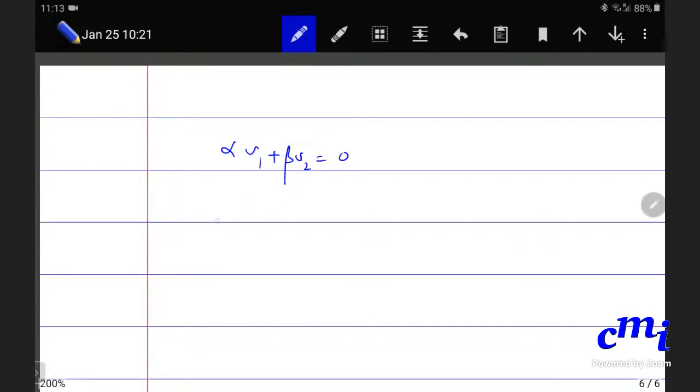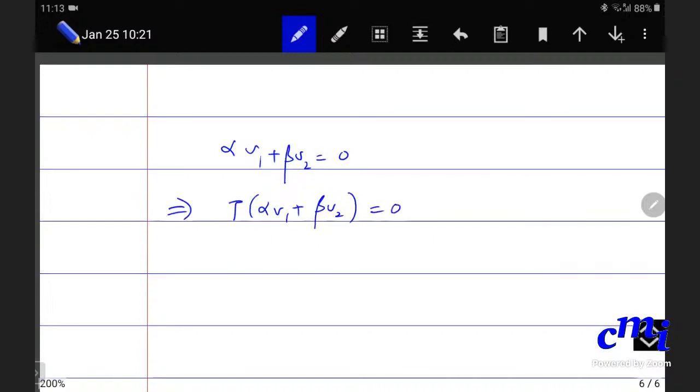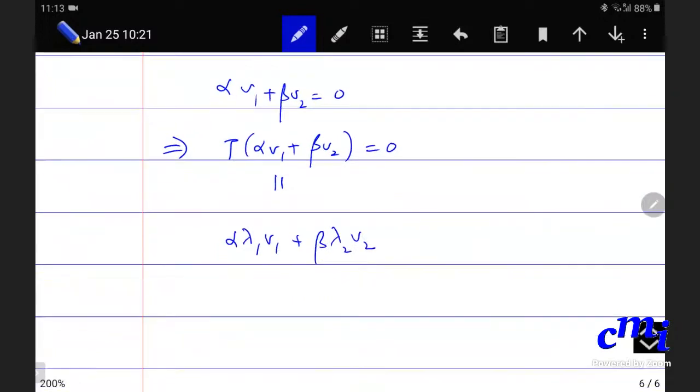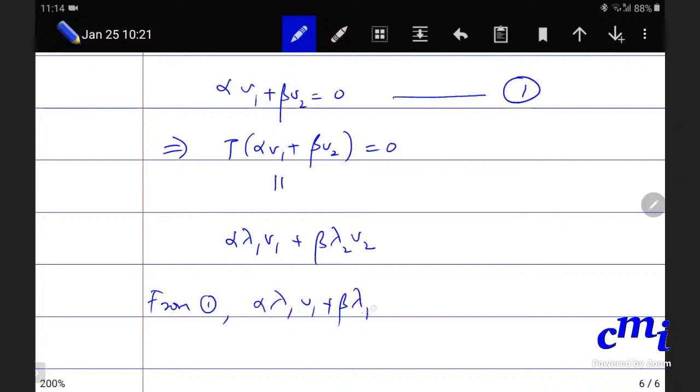Then let us apply T to this one. This would imply that T of alpha V1 plus beta V2 is 0. But what is T of alpha V1 plus beta V2? This is alpha lambda 1 V1 plus beta lambda 2 V2, and this is 0. But from the first equation, we get alpha lambda 1 V1 plus beta lambda 1 V2 equals 0.